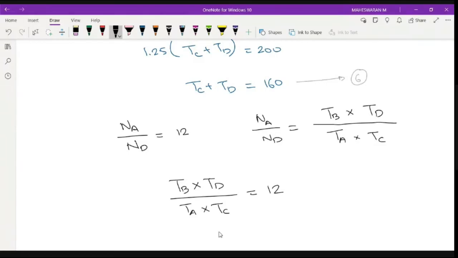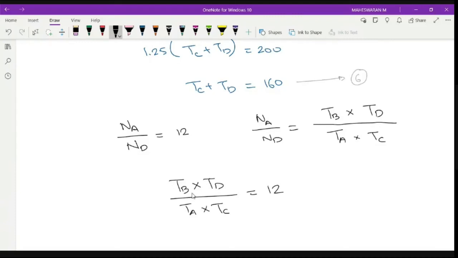Is there any other approach to solve this? TC is equal to 160 minus TD and substitute there. When you substitute it, you'll get it in terms of TD. What about TA and TB?